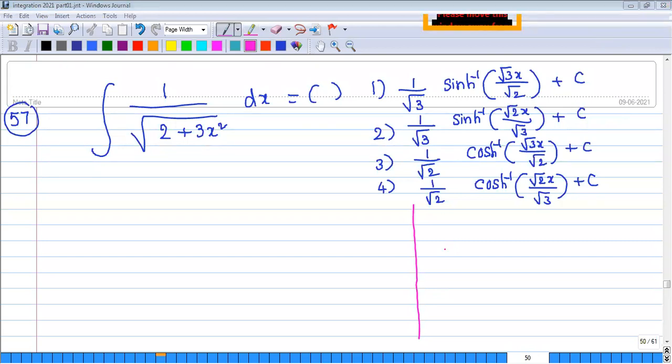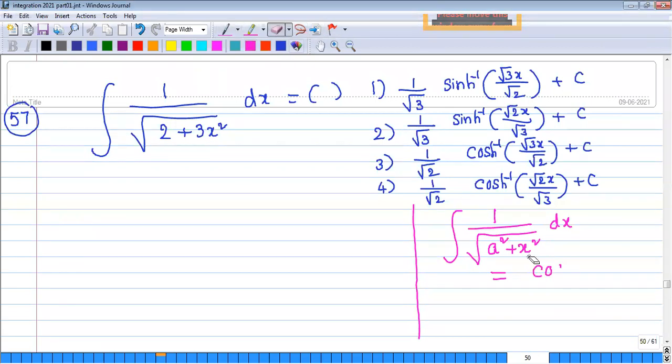See, this is one of the standard formulae: integral of 1 upon under root of a square plus x square dx is sinh inverse of x by a plus c. So that means now this can be written like this.